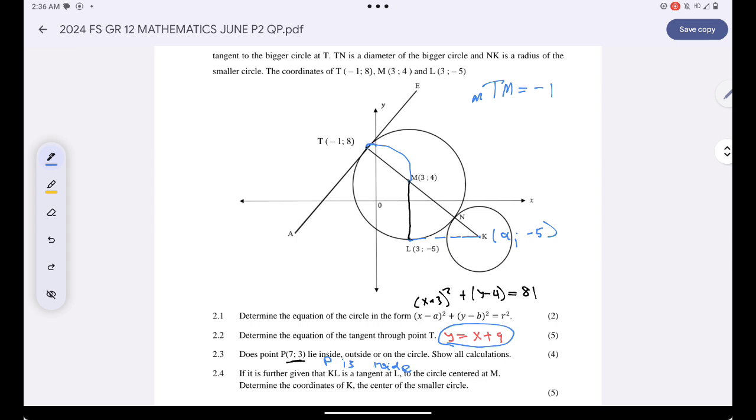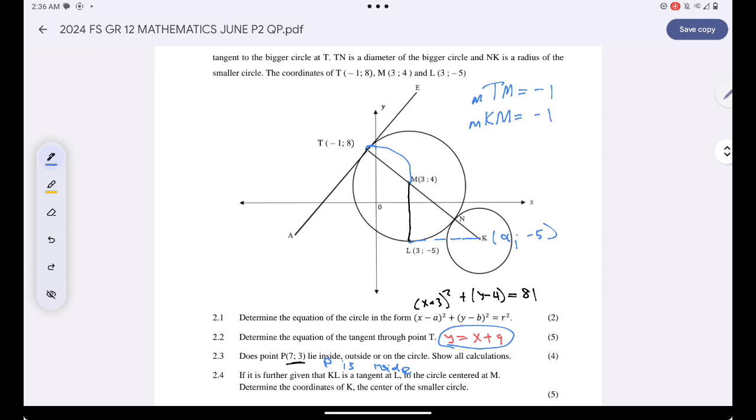Are we together? Which simply means that the gradient of line KM will also be -1. Okay, so now let's use our gradient formula to find the x value, because we already know what the y value will be. And I concluded that the y value will be -5 because they said LK is a tangent.